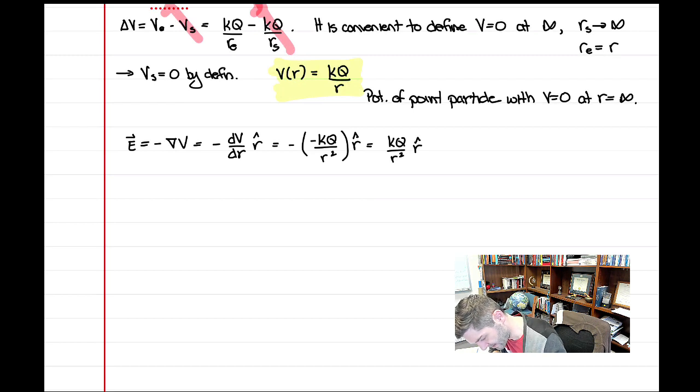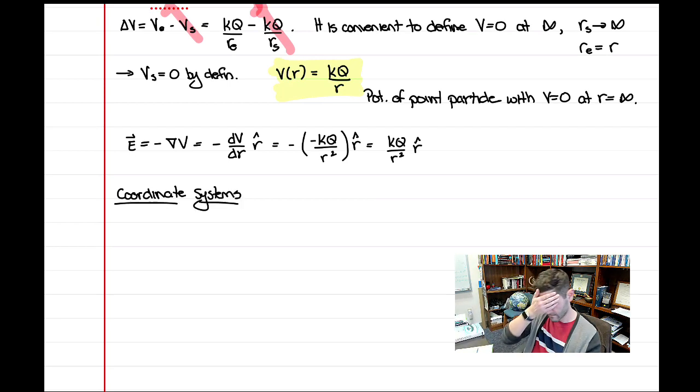So when I write down the gradient of V, let me just give a quick aside on coordinate systems. Cartesian is great, but sometimes Cartesian is not always the best way to do things, like in the case of spherical symmetry.